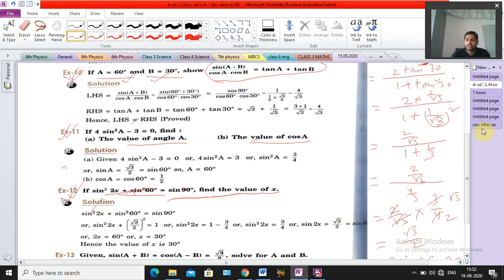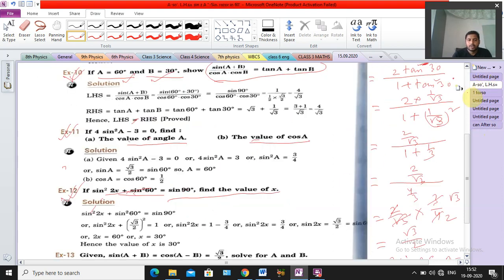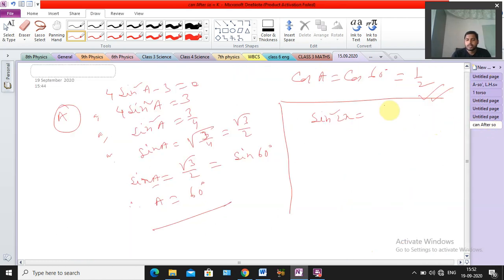I'm writing here: sin square 2x plus sin square 60 degree equal to sin 90 degree.